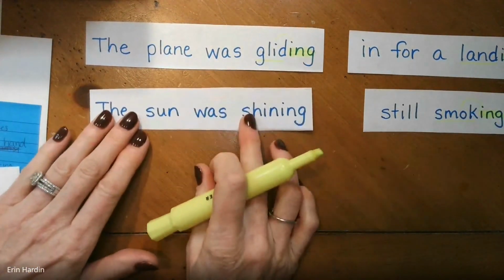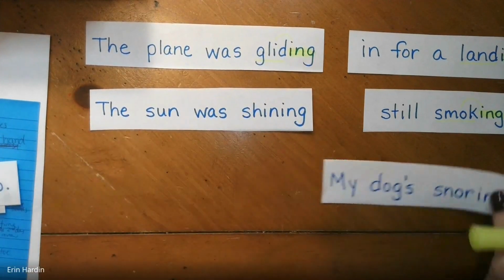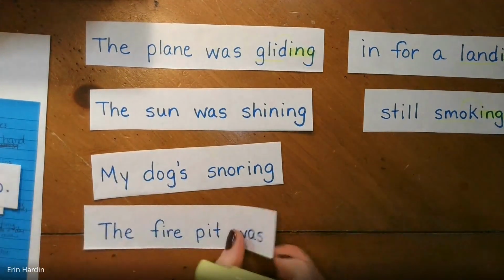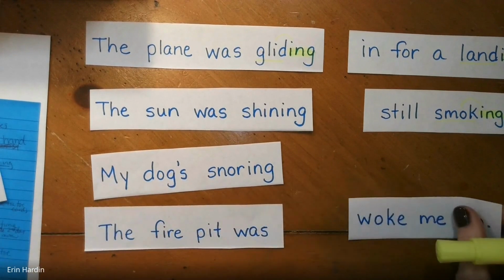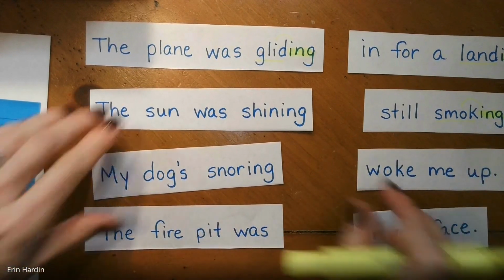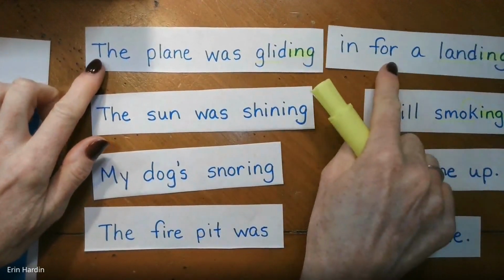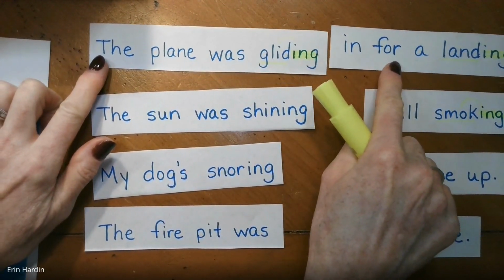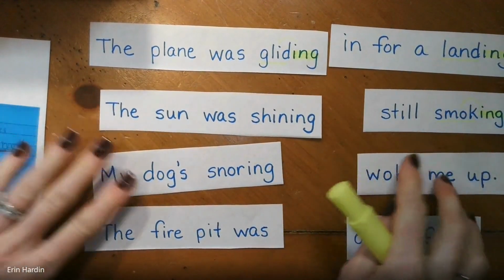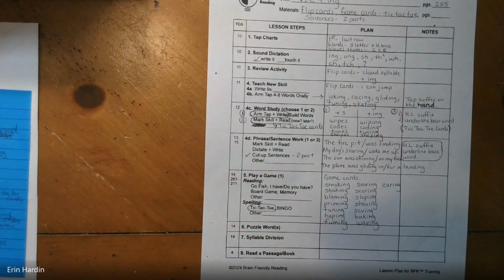And then once they're done marking, then they can go through and match them up. The plane was gliding. Oh, that one in for a landing. That one was in the right place. And they can match up their sentences that way. And then you can play your tic-tac-toe game.